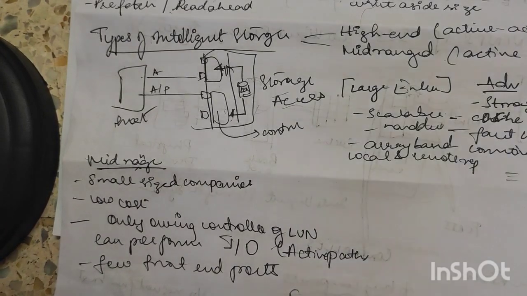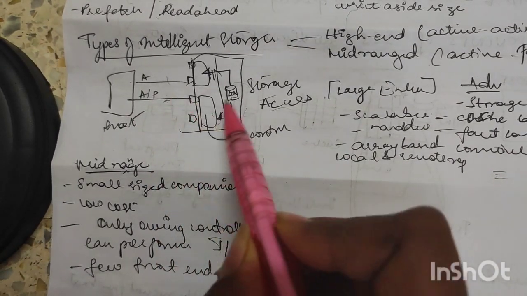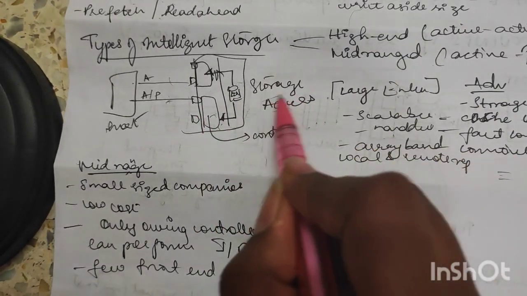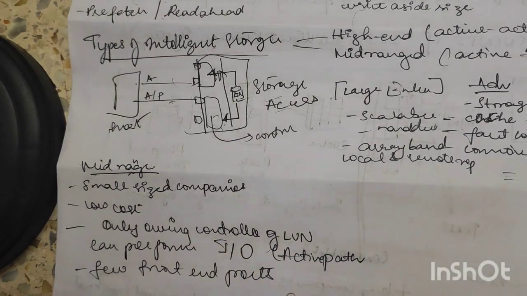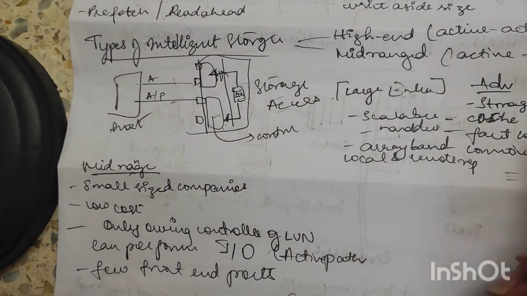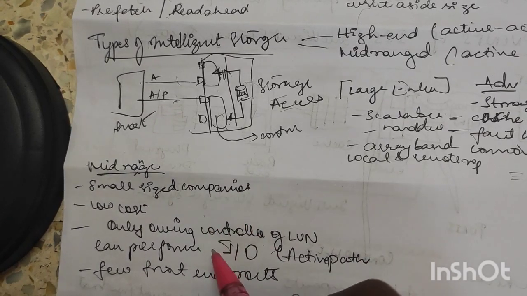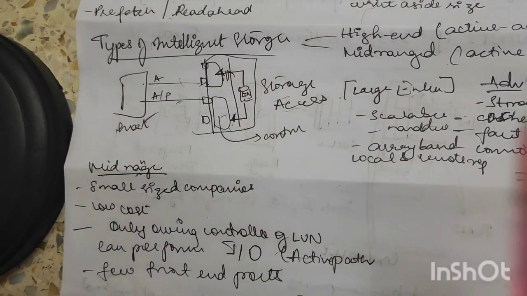And then you have the same thing for mid range. Here, instead of active-active, you'll have active-passive, okay. Same thing: you have a front end, you have two controllers, you have ports, and then you have storage access, and this is a LUN which is connected, okay. The high end is used for large size companies. This is used for medium size companies. It is low cost, and only the active controller can perform tasks.